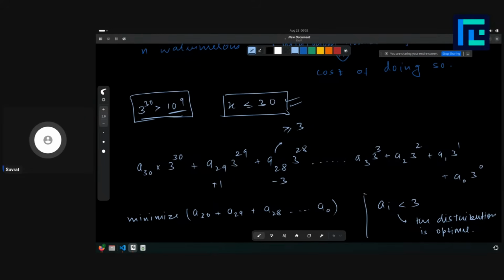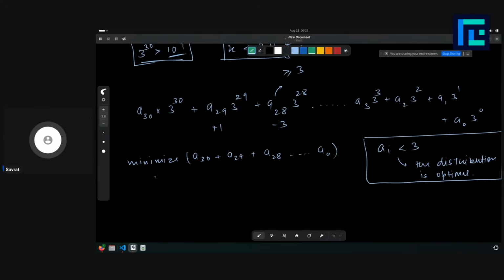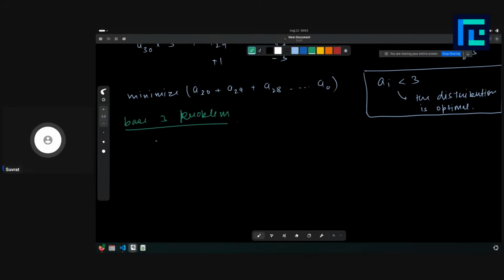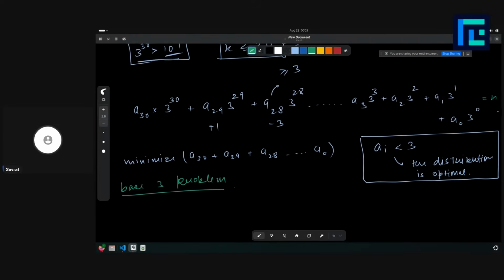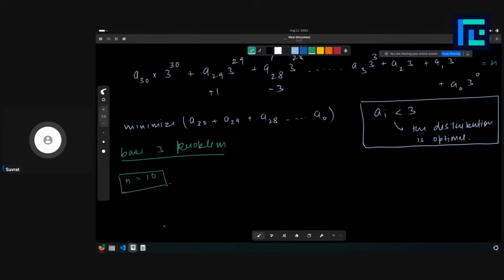So now we can try to visualize this problem as a base 3 problem. Also, the sum of this is equal to n. So let's take n equal to 10 and try to find the base 3 representation of n equal to 10.